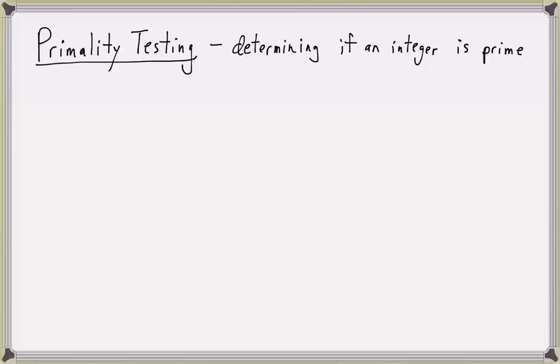You might think that determining if an integer is prime and factoring an integer are about the same process, but it turns out that it's actually much easier to prove that an integer is composite than it is to actually factor that integer.